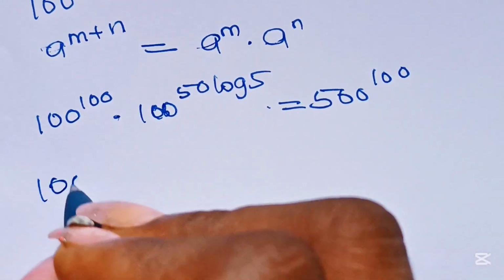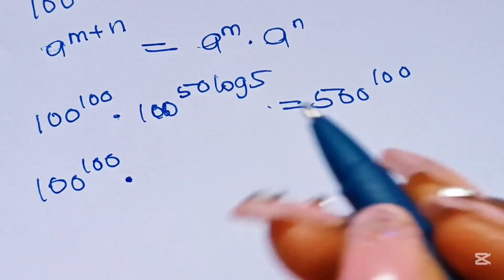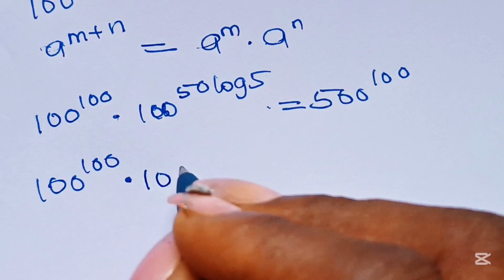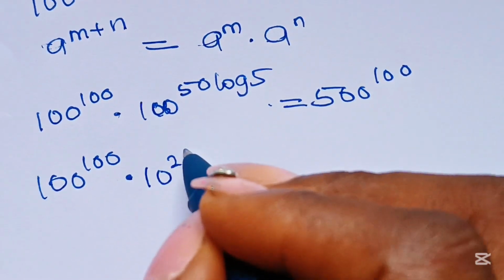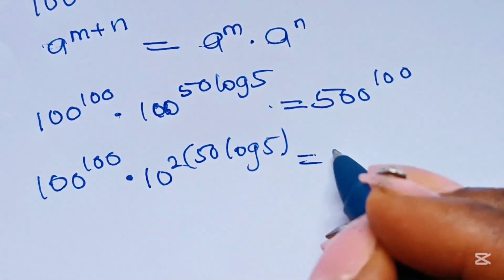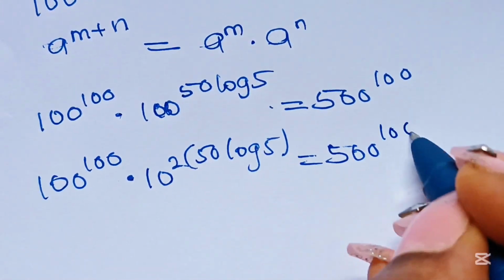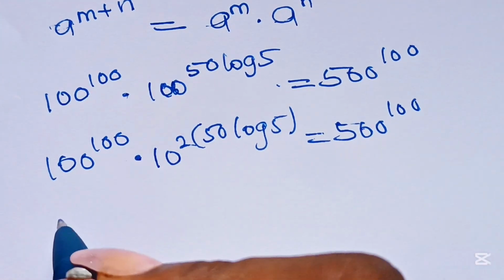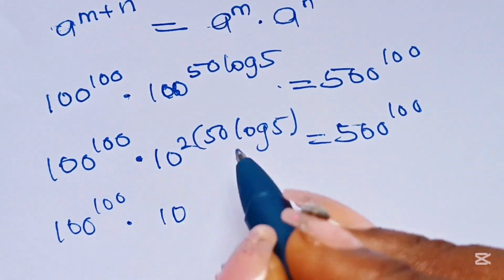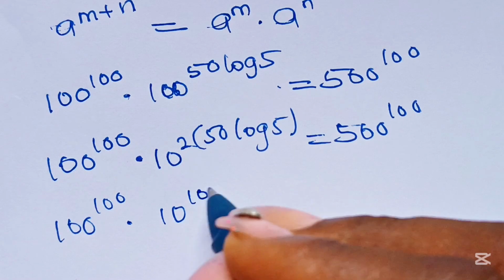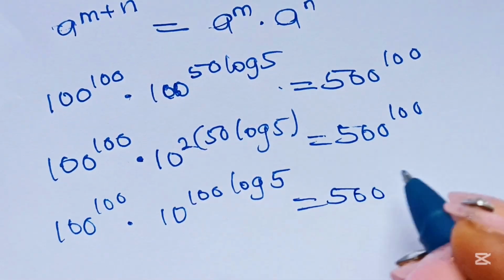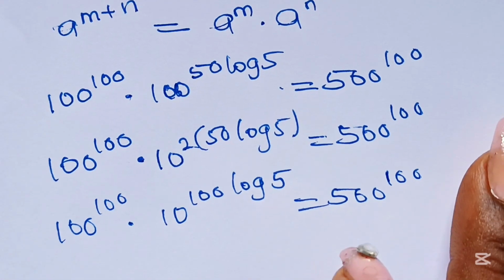So we have 100 to the power of 100 multiplied by, this 100 is the same thing as 10 squared. So we can write this as 10 to the power of 2 bracket 50 log 5, right, is equal to 500 to the power of 100. So we have 100 to the power of 100 multiplied by 10 to the power of 2 times 50, which will give us 100 log 5, is equal to 500 to the power of 100.